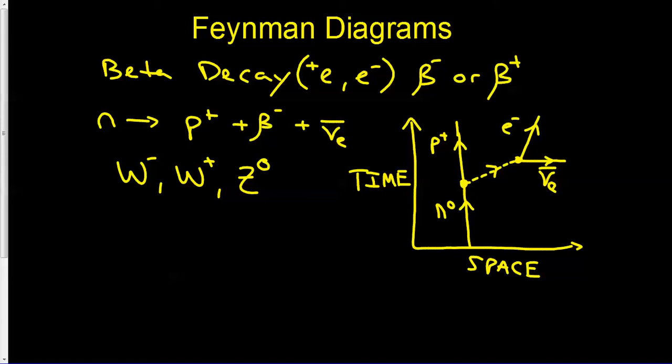So there's that. Now we can use conservation of charge, and if we focus on this one vertex right here, we have zero charge coming into it and positive charge coming out of it, so we need to have negative charge coming out in order for the charge into and out of that vertex to be the same.